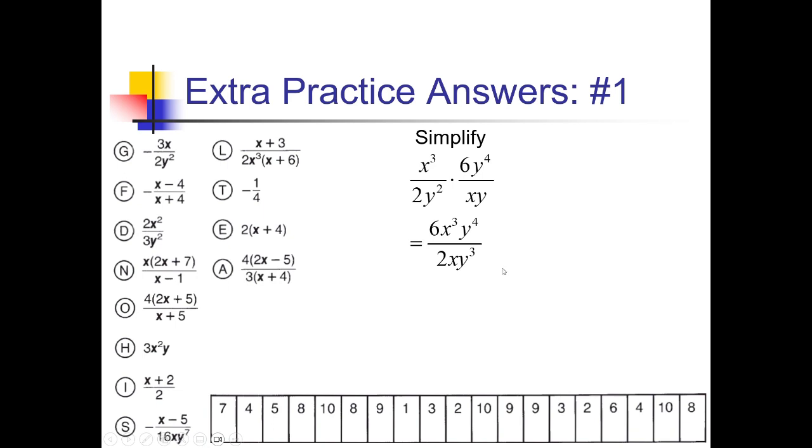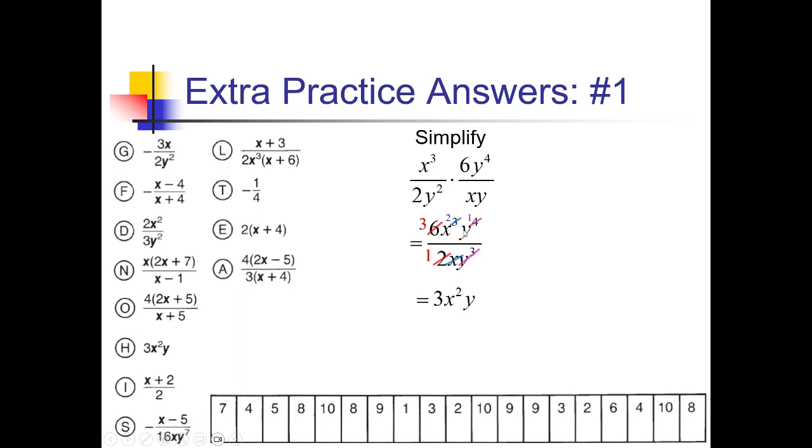Going through and reducing what I can, the 6 over 2 reduces to a 3 over 1. X cubed over x, those are going to reduce, subtract the exponents. We've got an x squared in the numerator. And then y to the 4th over y cubed reduces to give me just a y to the 1st upstairs. So let's see what I've got left over. In the numerator, I have a 3, an x squared, and a y.